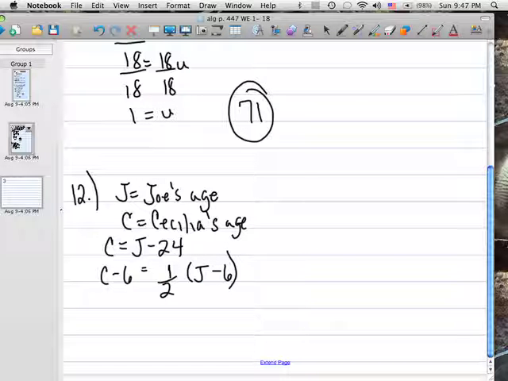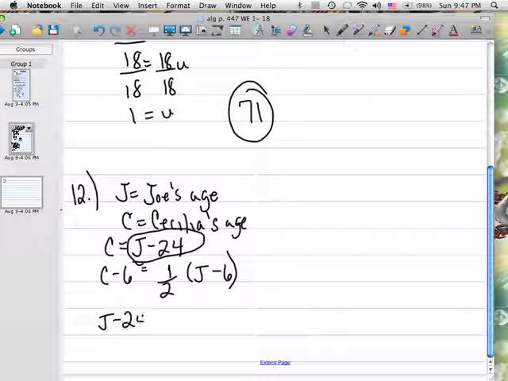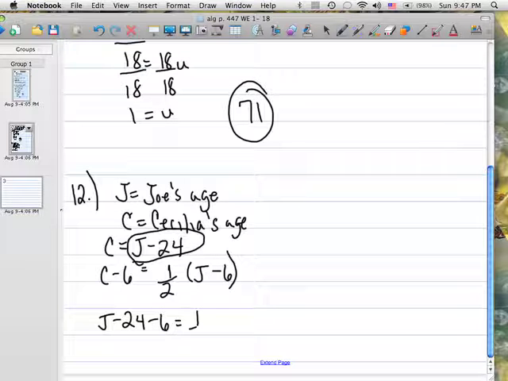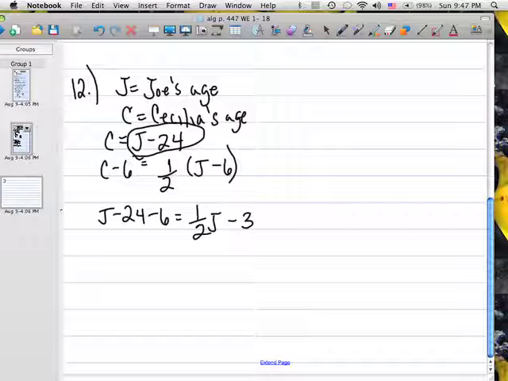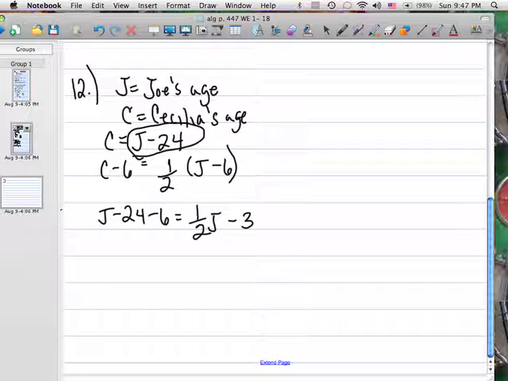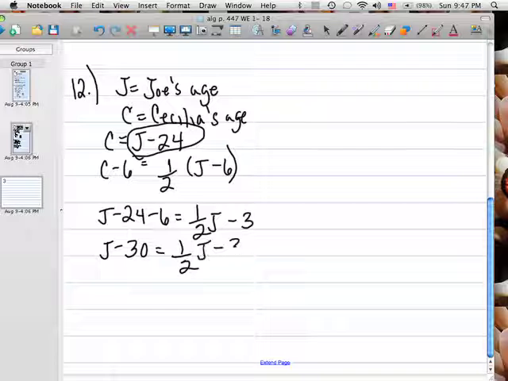So if I substitute in wherever I see a C with J minus 24, since this is already solved, ready for substitution, I get J minus 24 minus 6 equals 1/2 (J minus 6). So that's J minus 30 equals 1/2 J minus 3.